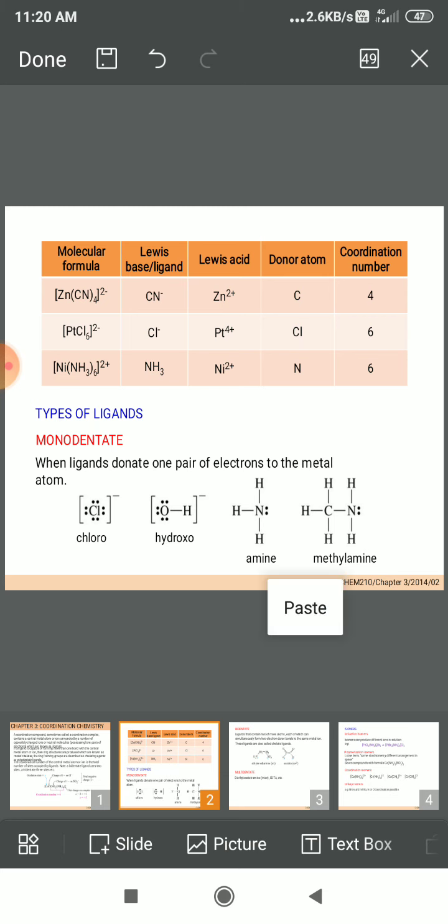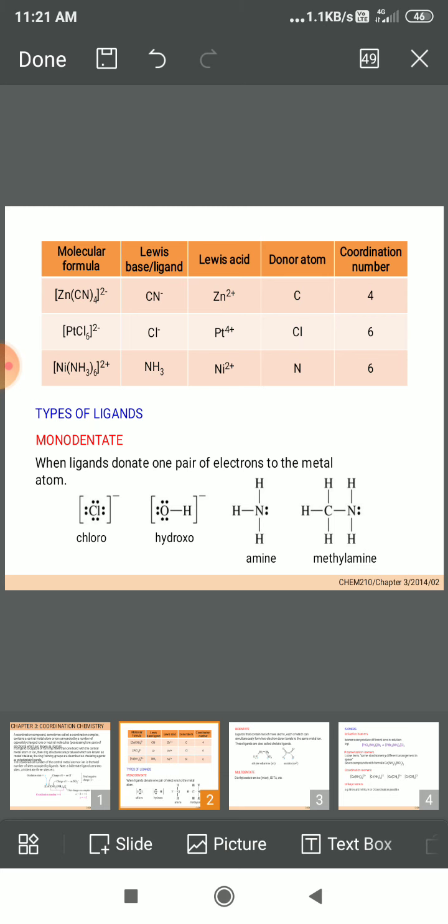Then types of ligand. There are many types of ligand. First is the monodentate ligand. When a ligand donates only one pair of electrons to the metal atom, it is called a monodentate ligand. Only one pair of electrons is present in the monodentate ligand.